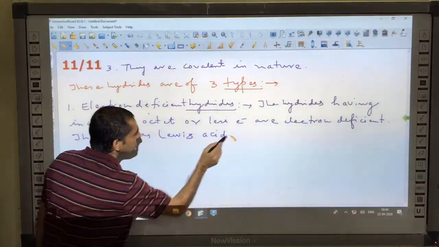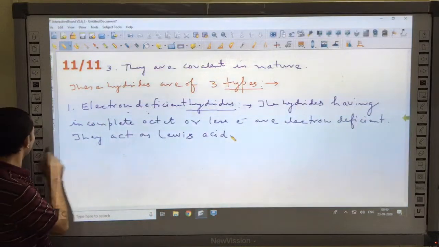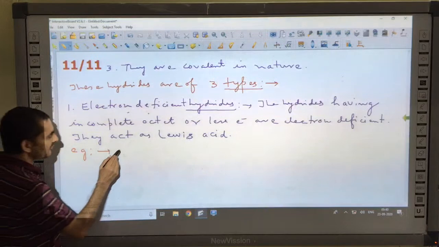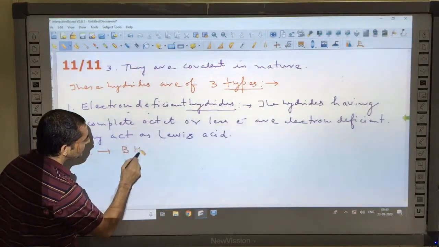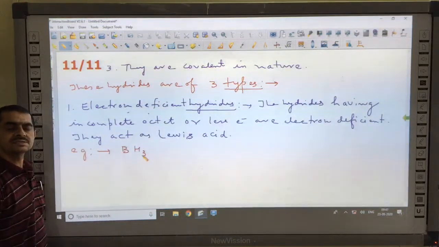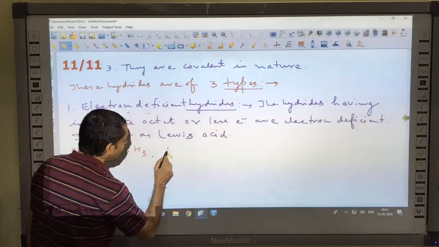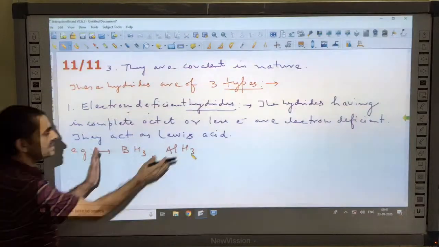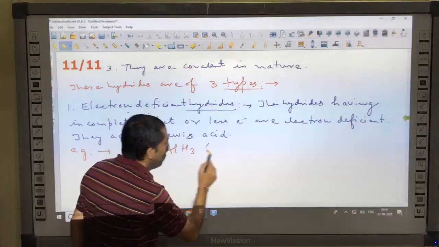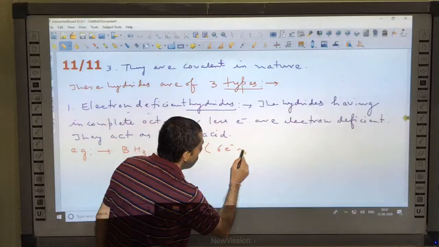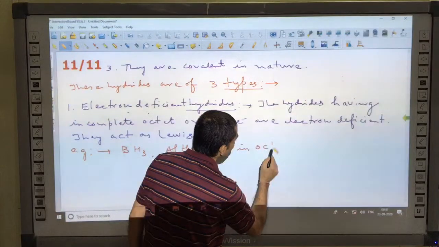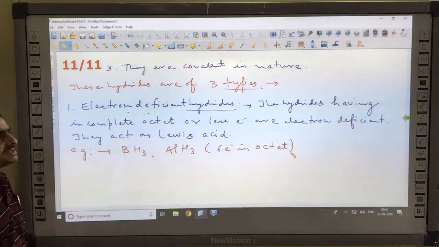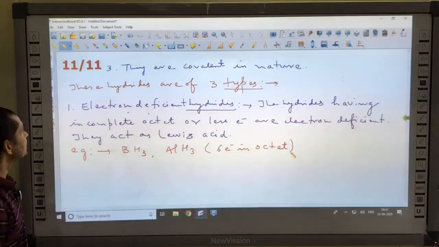Lewis acid means their octet is incomplete. If I am writing boron hydride, then it has only 6 electrons. Aluminium hydride also has 6 electrons. So these hydrides have 6 electrons in octet. So they are electron deficient. That's why they are called electron deficient hydrides. Clear?